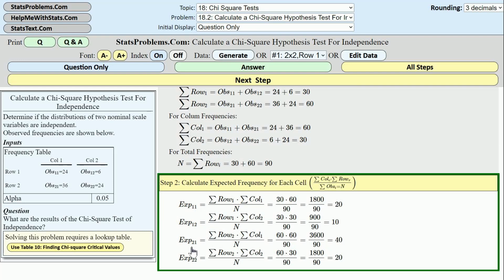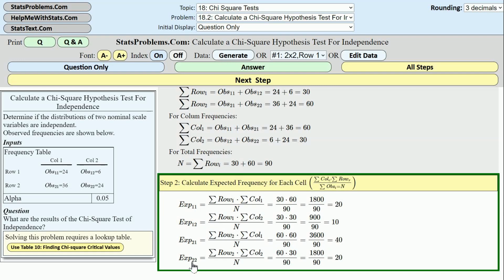The expected frequency of cell 21 is the sum of frequencies for row 2, times the sum of frequencies for column 1, divided by the total number of frequencies, n. In this example, the expected frequency of cell 21 is 60 times 60 divided by 90, which works out to 3600 divided by 90, which works out to 40.